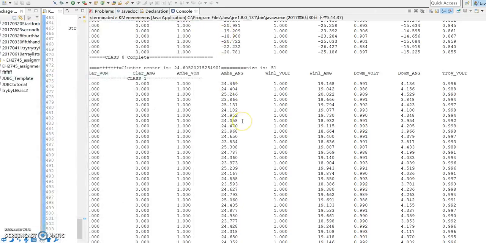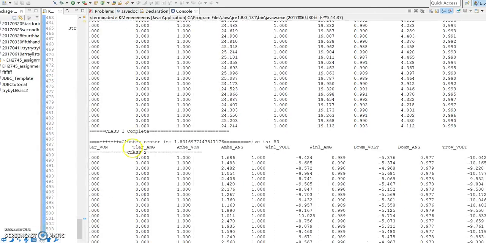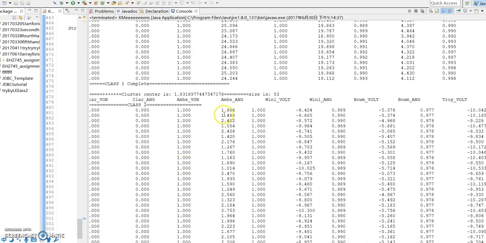Okay, let's take a look at the third one, which is class 2. In this group, we have 53 points. Taking a look at the data, we will find that for the angle of the generation bar, one is positive, another one is minus.